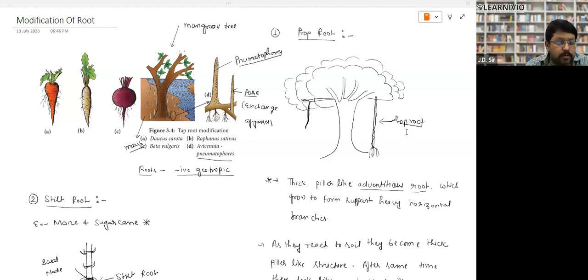These prop roots in future work as a stem. Next point.